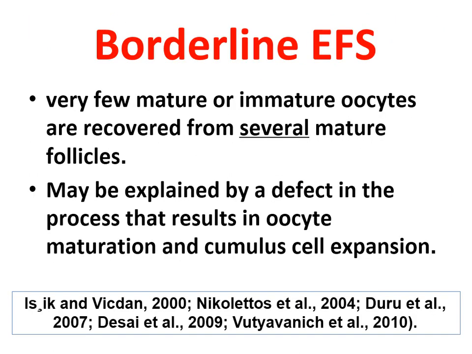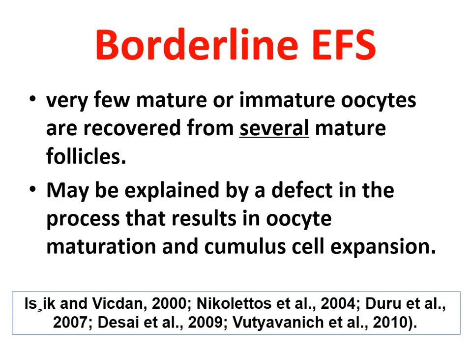Others described what's called borderline empty follicle syndrome, which means that you induce the cycle with good drugs and you expect to have a lot of follicles, but when aspiration of these follicles occurs, you will find few mature and immature oocytes retrieved from several mature follicles, and this is called borderline empty follicle syndrome.